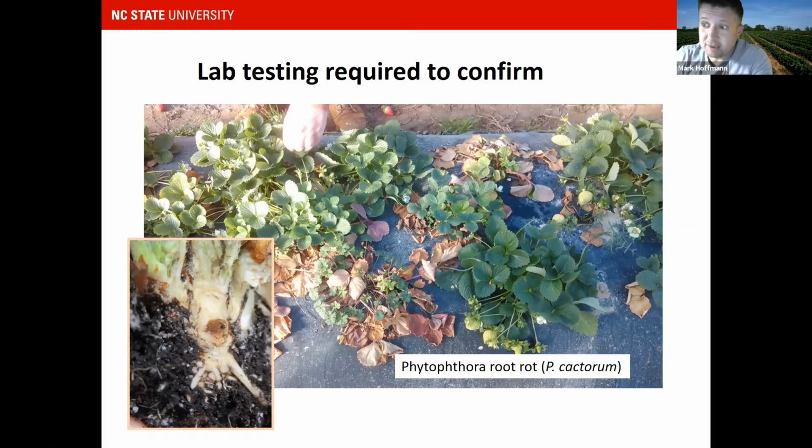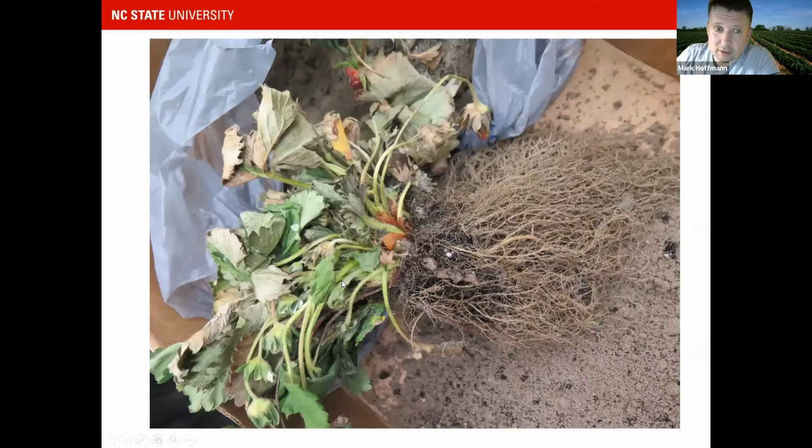But again, from a diagnostic standpoint, it's hard to say before sending a sample in to a diagnostic clinic and having it identified. But you see here again through the crown, you see those large brown areas. You usually don't see that much marbling here. So anthracnose crown rot and Phytophthora root rot look very similar. Both can cause very large damage to the plant and lead to wilting even later in the season, like you can see here.